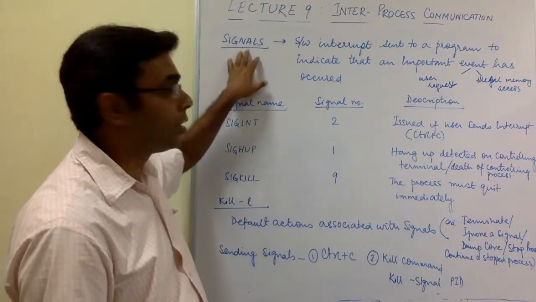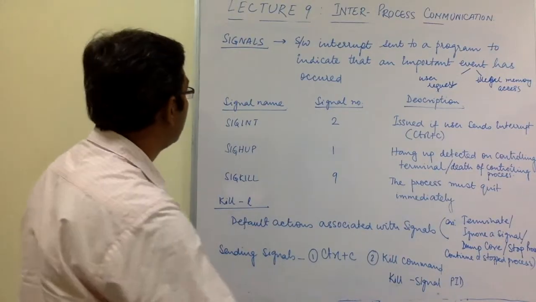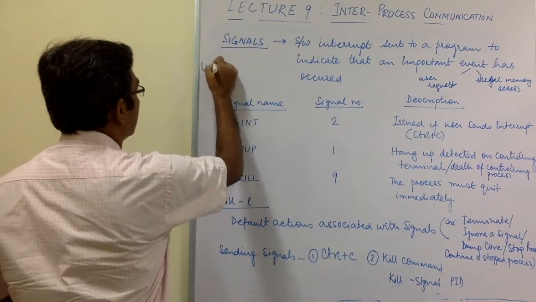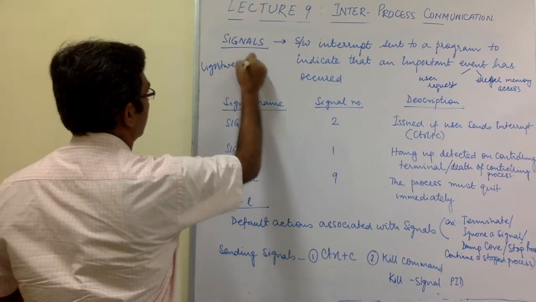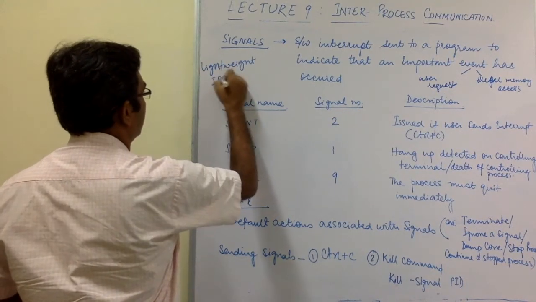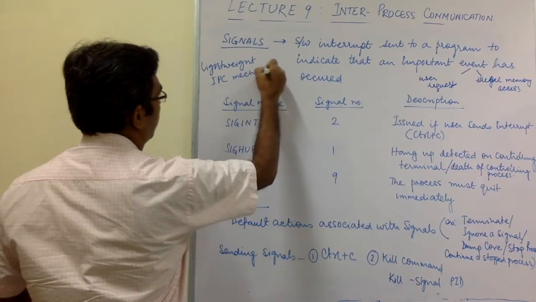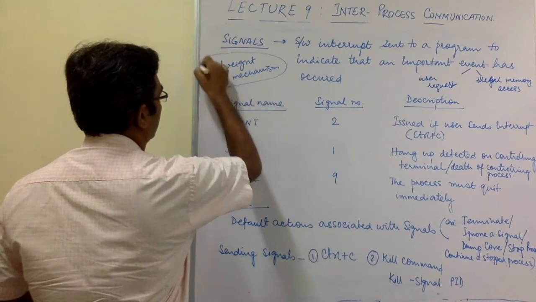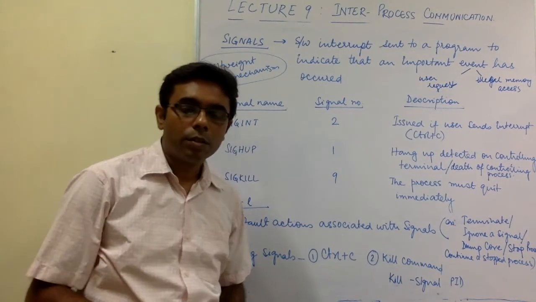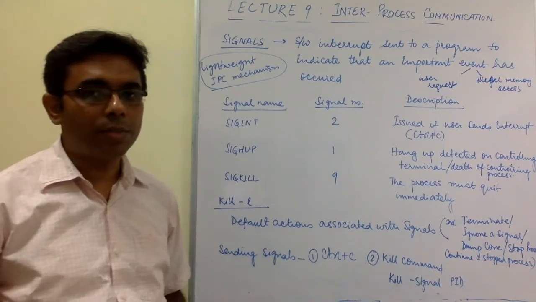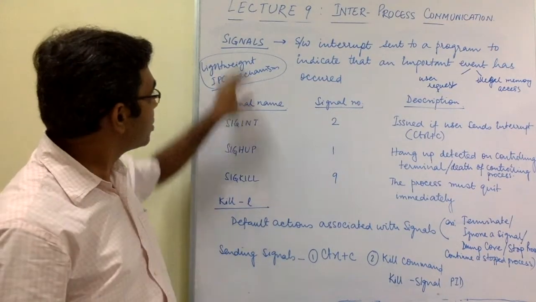The mechanism in Unix that we are going to talk about is called signals. It's a lightweight IPC mechanism for processes and the kernel. So processes communicate among themselves or with the kernel. And what are signals?